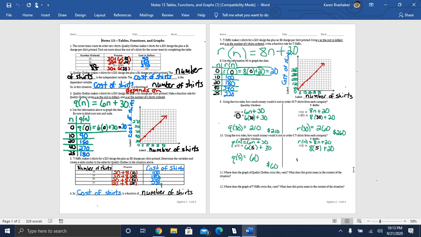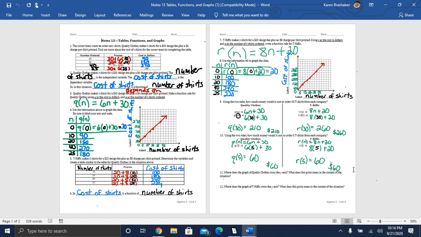And so R of 5 is going to equal, and this becomes 40 plus 20, which is 60. So $60.